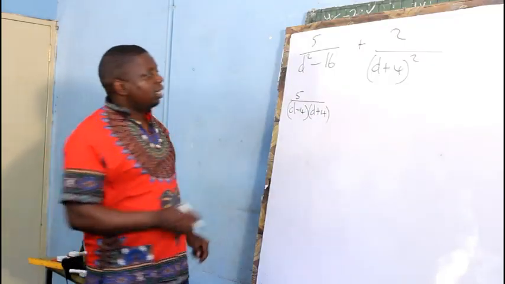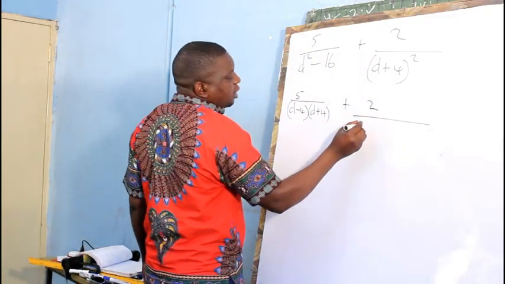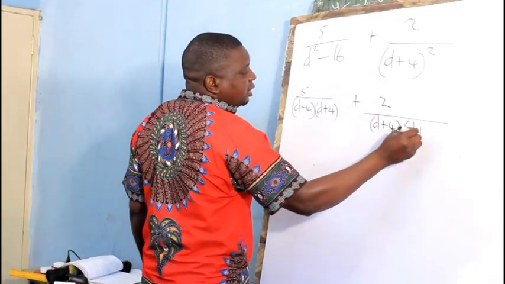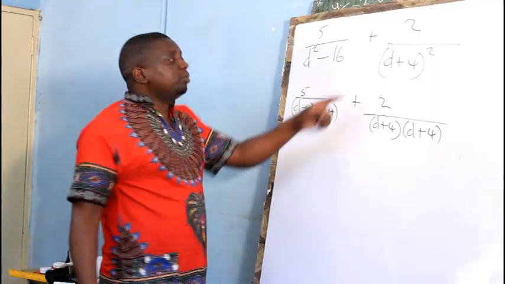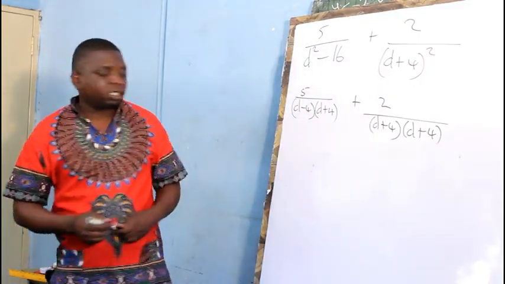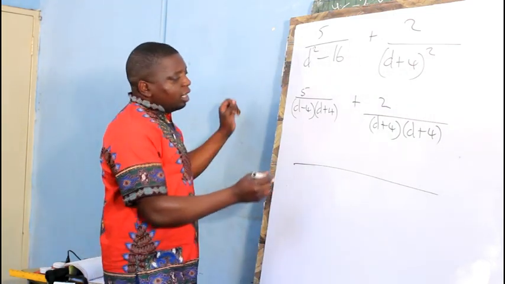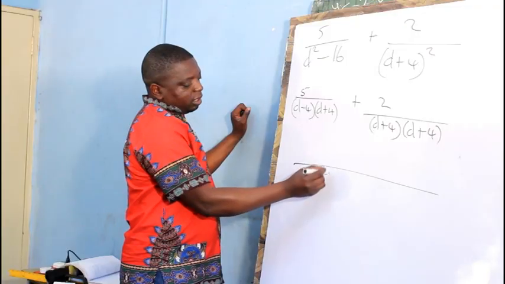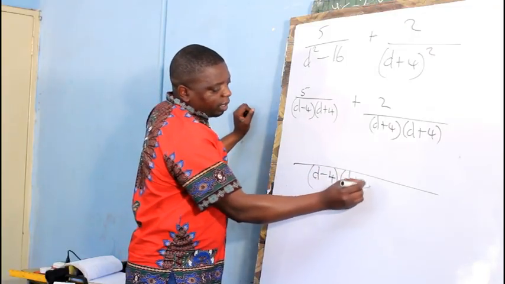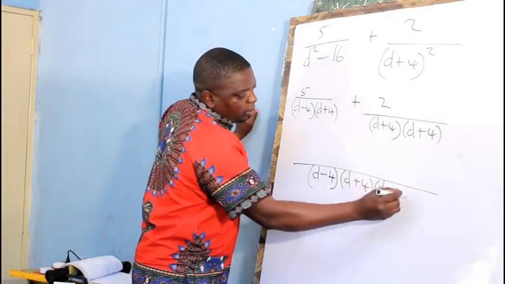And then plus 2 over d plus 4 factor of d plus 4, which means d plus 4 is multiplying itself twice. So I have to check a common denominator. What is our common denominator? d minus 4 factor of d plus 4 factor of d plus 4.